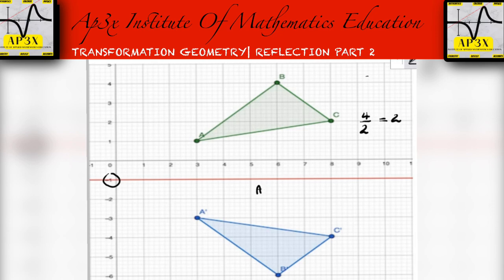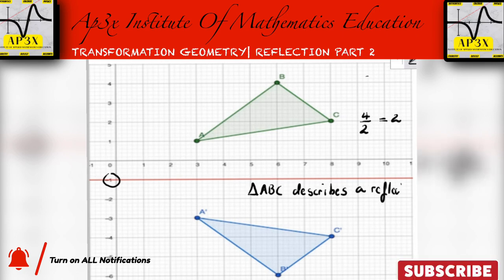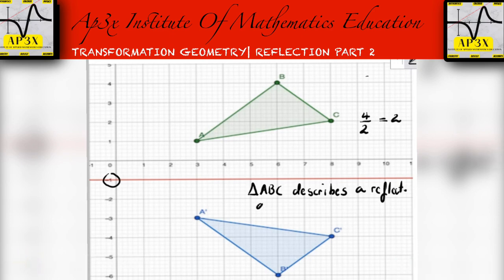You'd say triangle, let's go ahead and write here, triangle ABC describes a reflection across the line, and it passes through -1 on the y-axis.